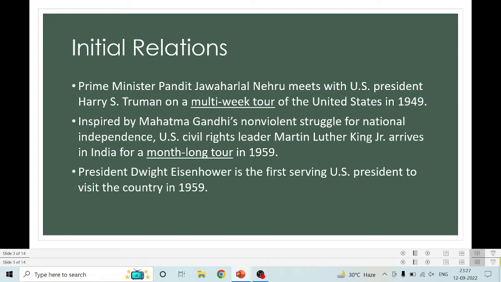So he came to India, he stayed for a month, and he was deeply inspired after that. He went to USA back in the year 1959. So this was also one of the close moments for India and US relationship. Then Eisenhower was the first serving US president to visit the country in the year 1959.